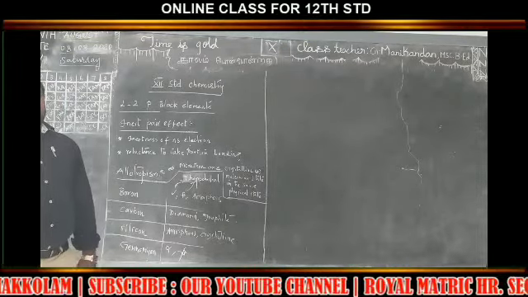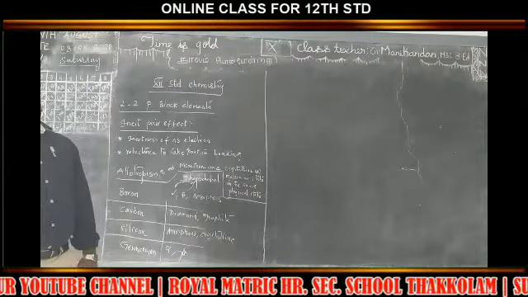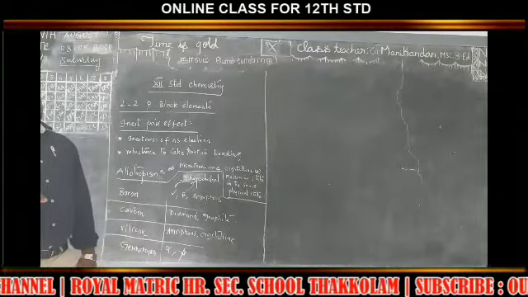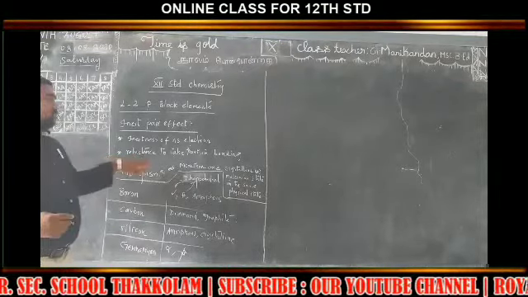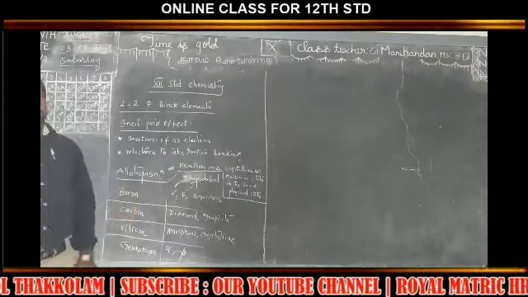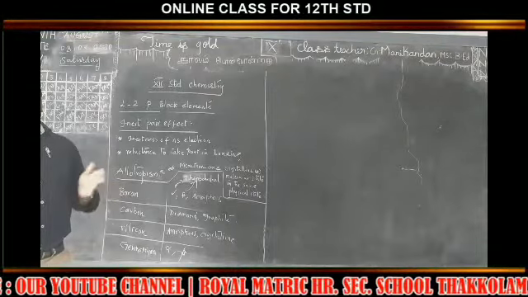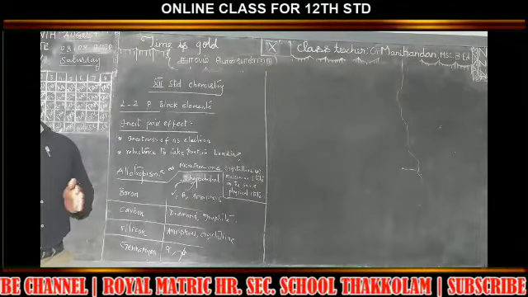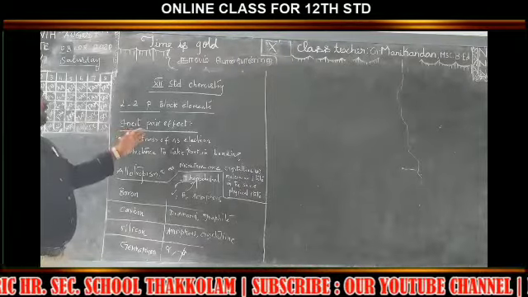Otherwise the ns electrons are inert, showing reluctance to take part in bonding. What is the meaning of reluctance? Unwillingness to take part in the bonding. The involvement of ns electrons in bond formation is low and slow, and that is due to stability. So this is called the inert pair effect.